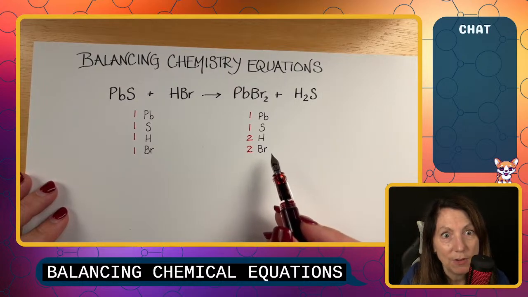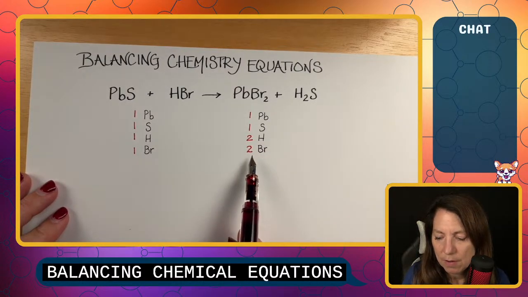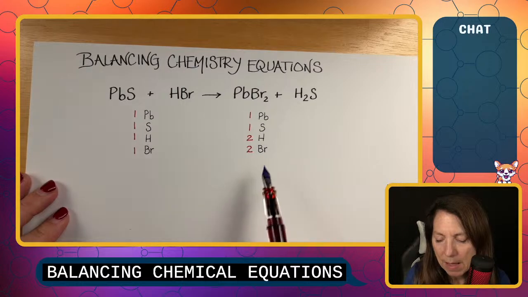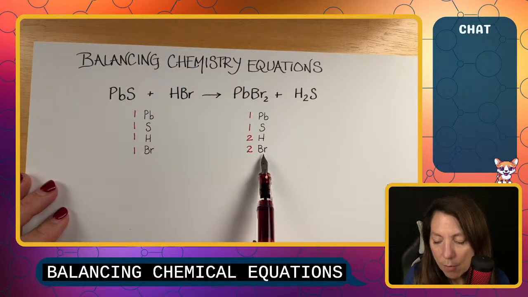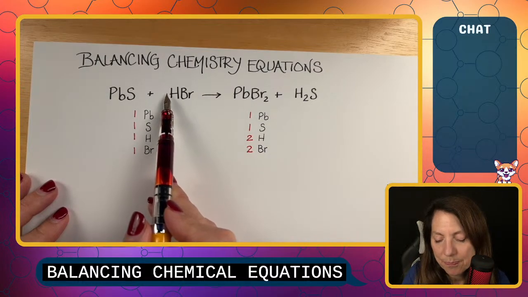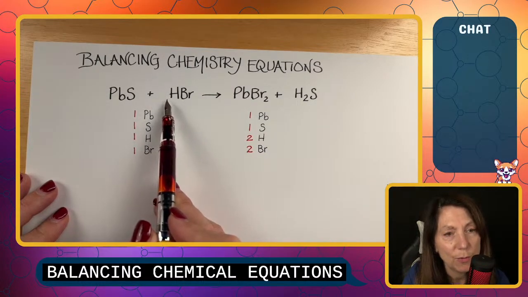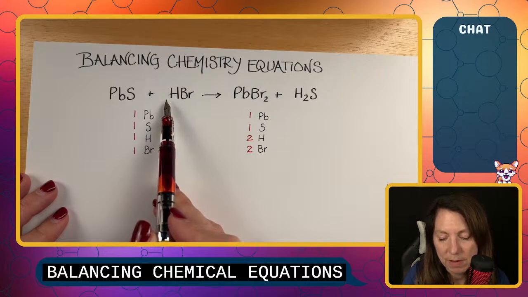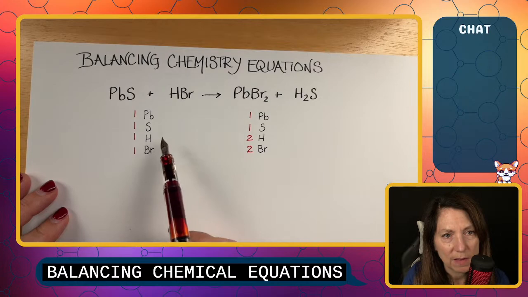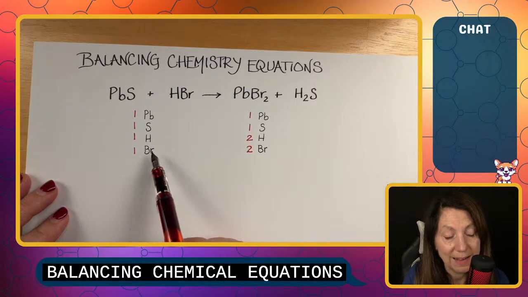Now what we need to do is check this side and ask, is there a way that we can balance the hydrogens and the bromines on both sides by putting a coefficient? We call it a stoichiometric coefficient in front of one of these compounds. This one makes the most sense. It's got both hydrogen and bromine in it.